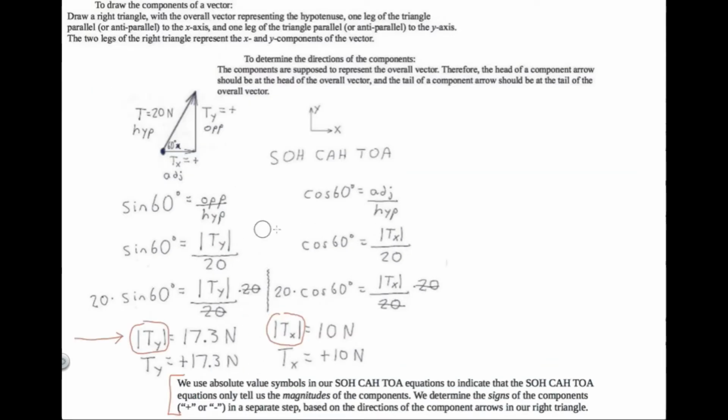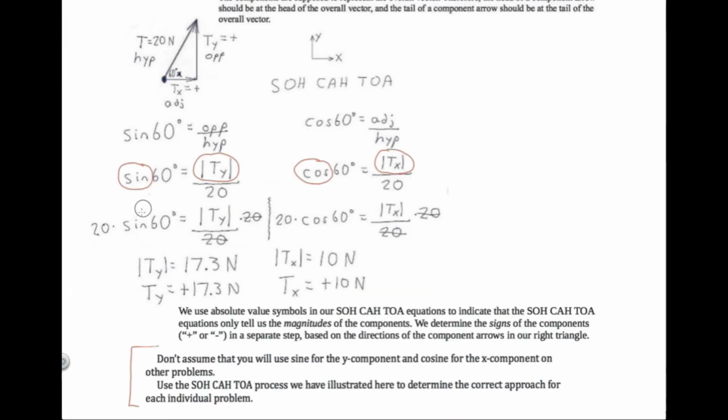We use absolute value symbols in the SOHCAHTOA equations to indicate that the SOHCAHTOA equations can only tell us the magnitudes of the components. It is our job to determine the signs of the components in a separate step. We already decided that each component is pointing in the positive direction, so both components are positive.